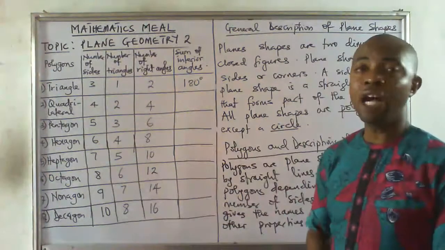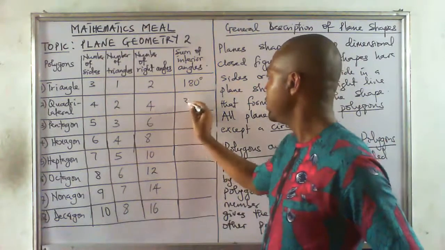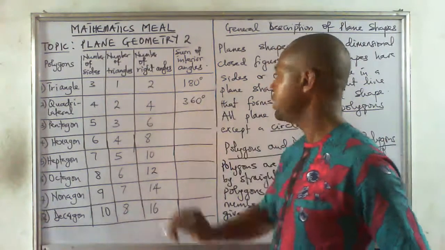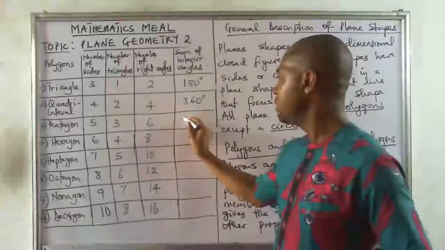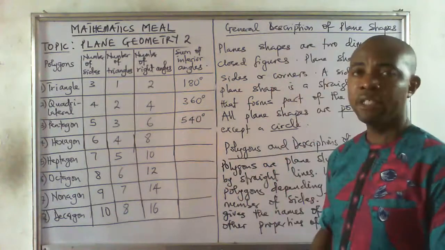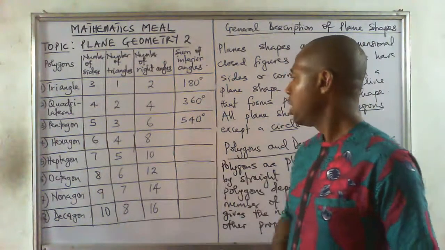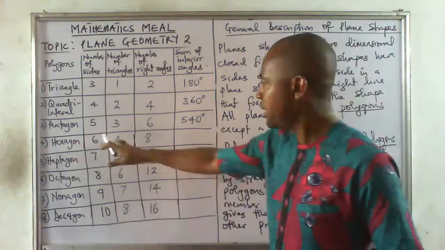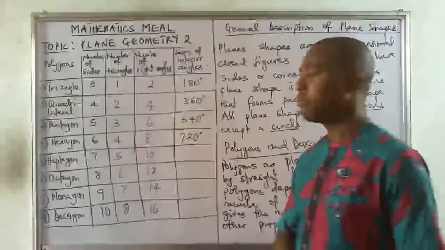Sum of interior angles in a quadrilateral, four-sided polygon, is going to give us 360 degrees. Sum of interior angles in a pentagon will give us 540 degrees. Sum of interior angles in a hexagon now will give us 720 degrees.